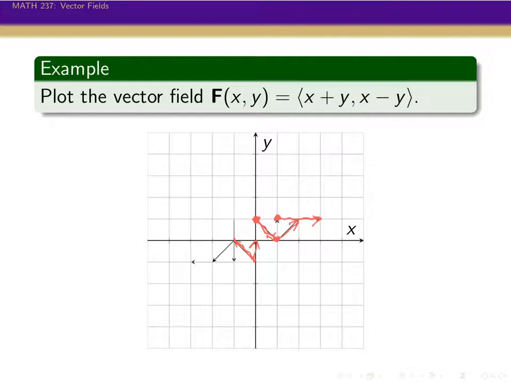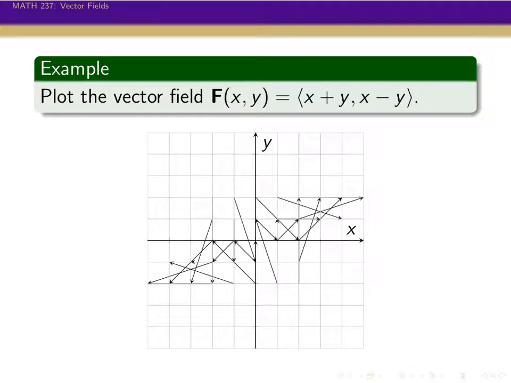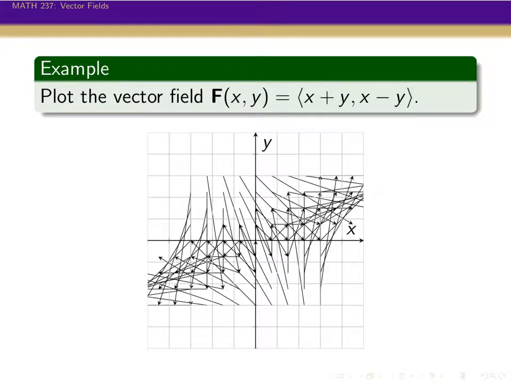Let's put in a little bit more. This is plotting pretty much all the vectors where the x and y values are between 2 and -2 in whole values, and you can kind of see how these vectors are shaping out.